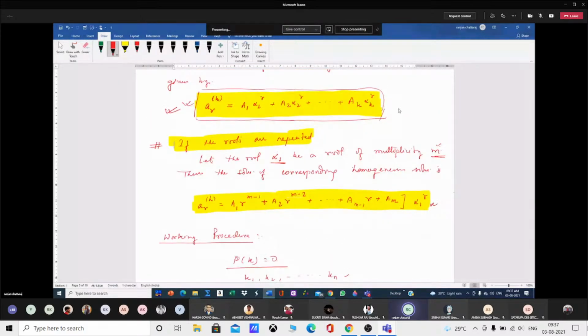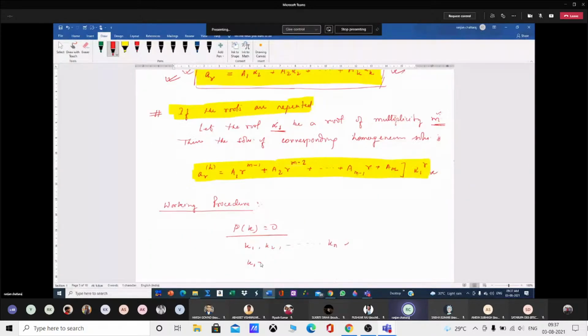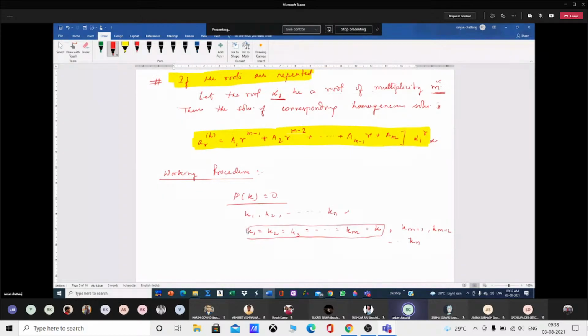Or some of them are equal: suppose k1, k2, k3, up to km are all equal, and suppose this is equal to k, and then km plus 1, km plus 2, up to kn. So we still have n roots, but out of these n roots, m roots are equal. So what should be the solution then?